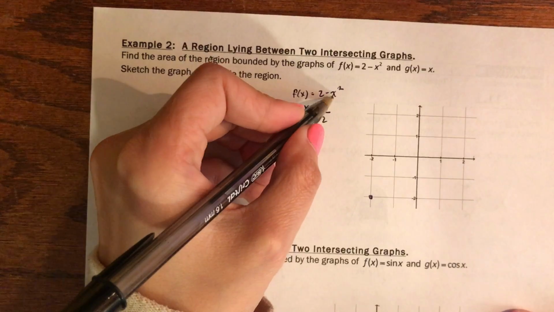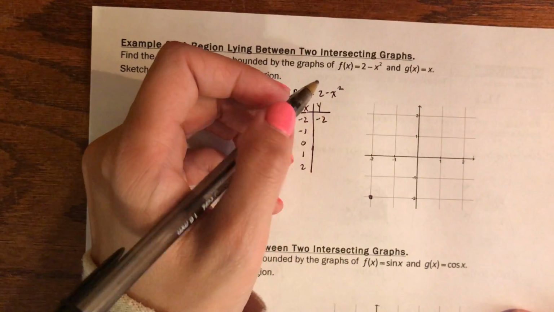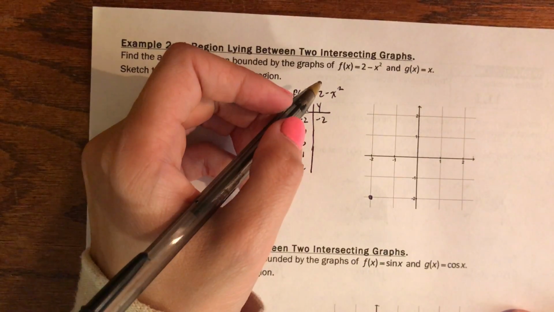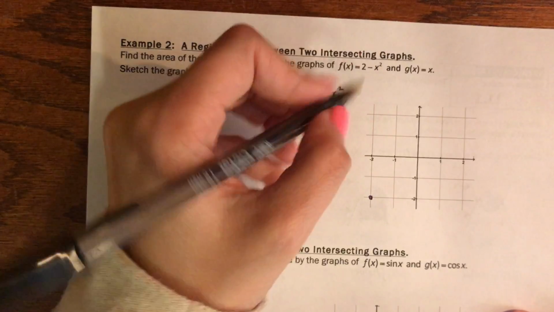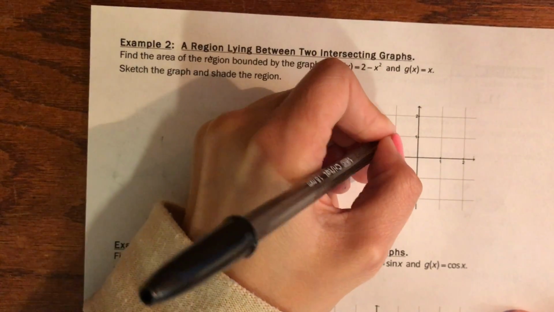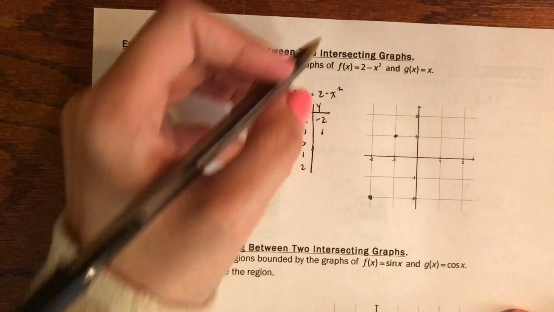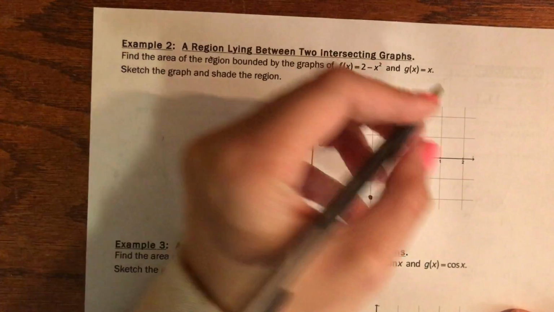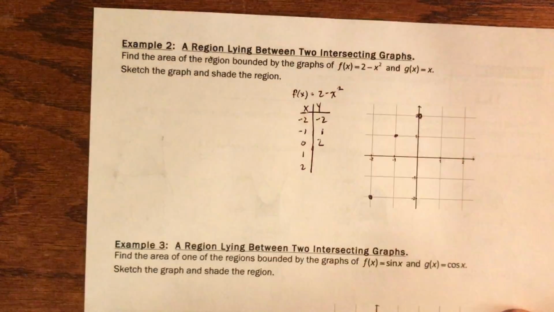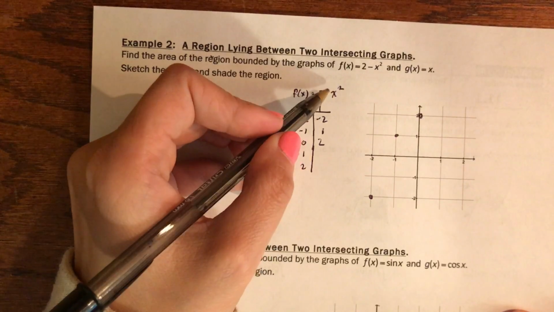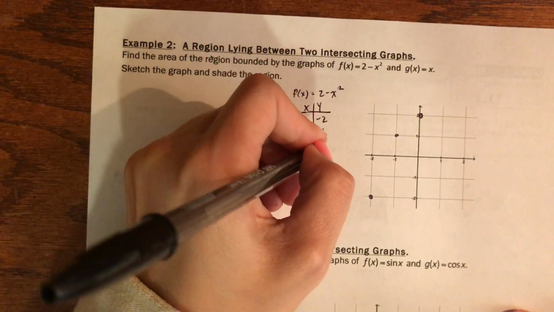Then if I plug -1 in, that's +1, 2 minus 1 is +1. That's right here. 0, I'll get 2. 1, I'll get 2 minus 1, which is 1.